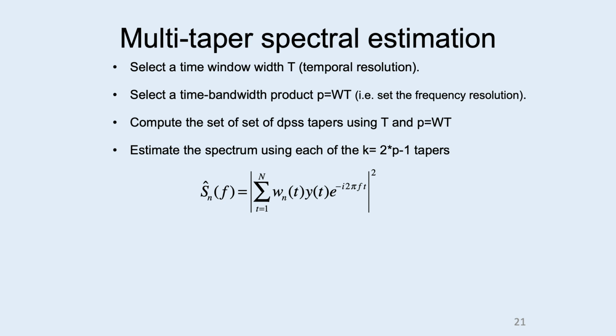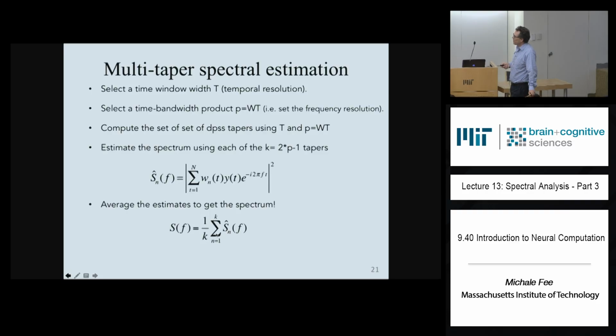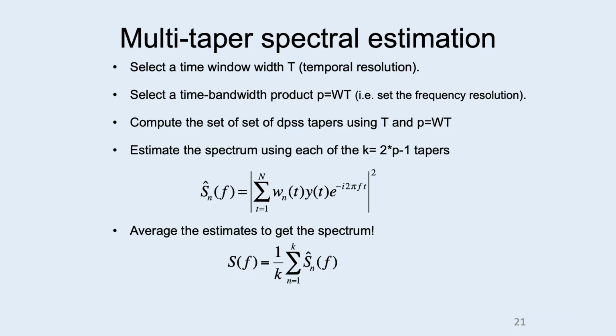This square magnitude should be inside the sum. You window your piece of data, you Fourier transform it, take the square magnitude, and then average all those spectra together. This sum is the Fourier transform. We square magnitude that to get the spectral estimate of that particular sample. And then we're going to average that spectrum together for all the different windowing, tapering functions.